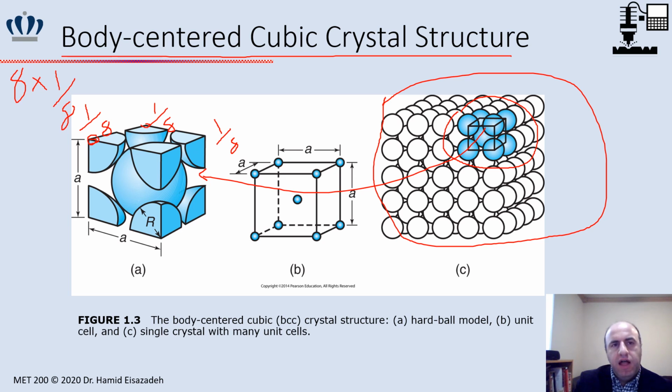And then we have one entire atom within this unit cell. So if you want to calculate the number of atoms in this unit, it is 8 times 1/8, which gives you 1, plus 1. So the number of atoms inside this unit is 2.